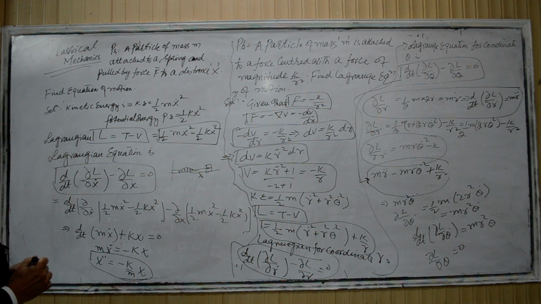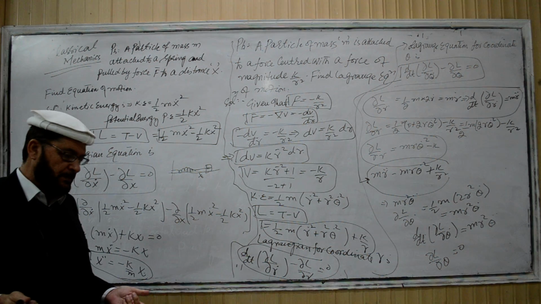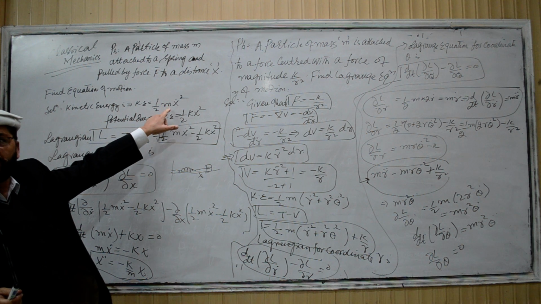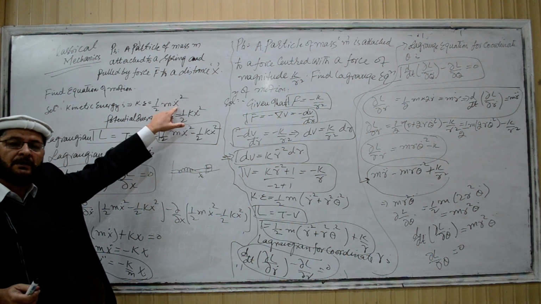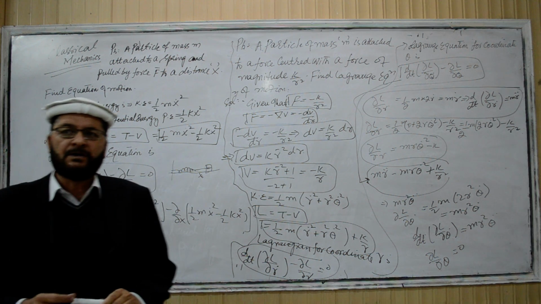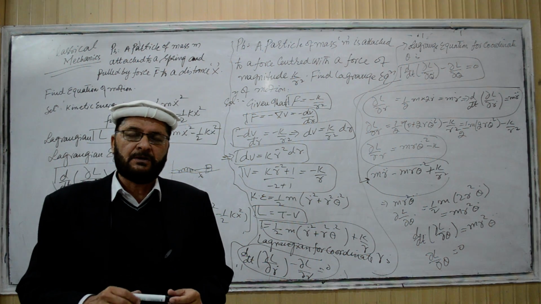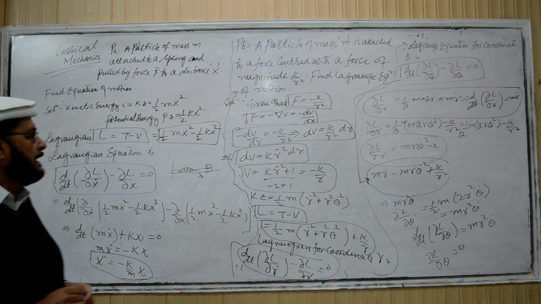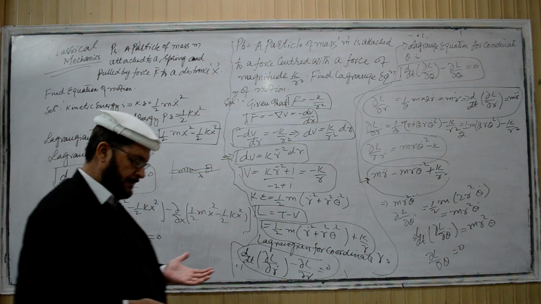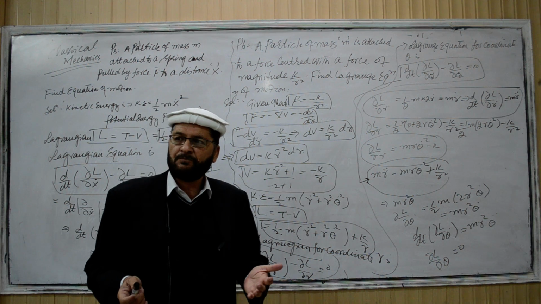First, the kinetic energy in this case is 1/2 m x dot square. x dot represents the velocity, so 1/2 m x dot square or 1/2 m v square. And the potential energy is the restoring, elastic potential energy, 1/2 kx square.